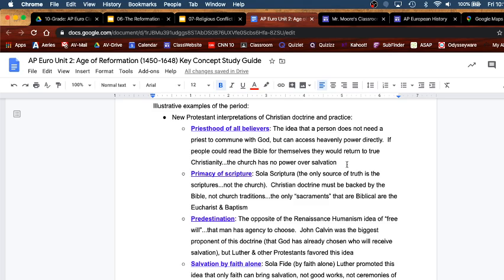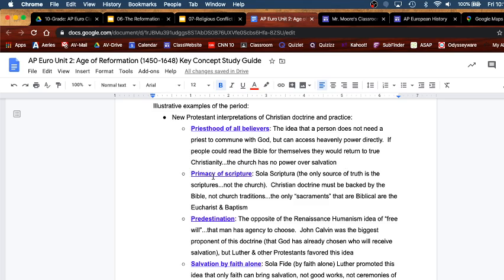The church has no power over salvation. Salvation only comes through faith in Christ. That was the idea. Where the Catholic Church said you needed priests to administer ordinances and sacraments and communions, that was a part of the whole challenge between Protestant ideas and Catholic ideas.